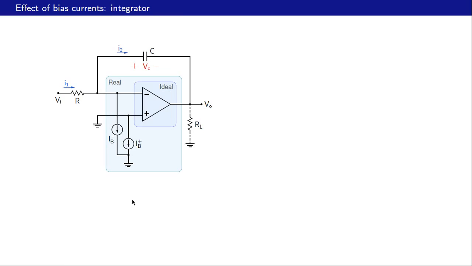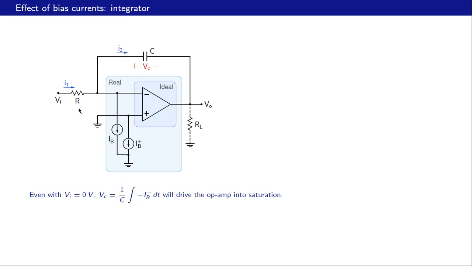Next, let us look at the integrator and see how it is affected by the bias currents. First, we replace the op amp with this model, which includes the bias currents. Let us look at the output voltage with the condition that Vi is 0. So this is 0 volts. Now this is an ideal op amp with V plus equal to 0. So therefore V minus is also equal to 0.